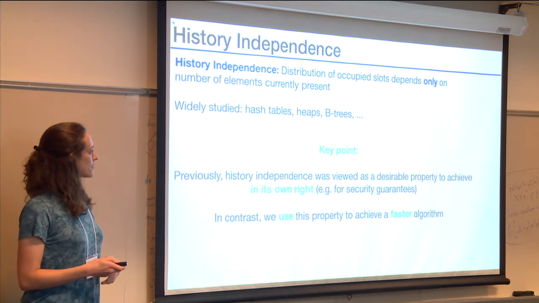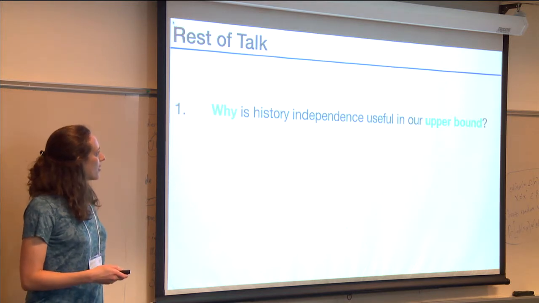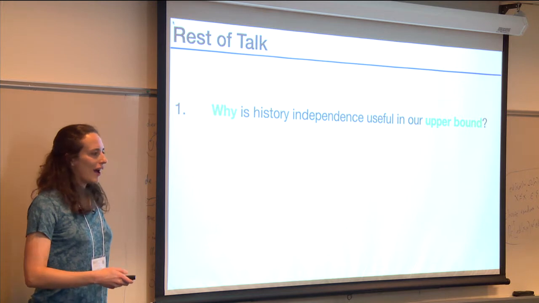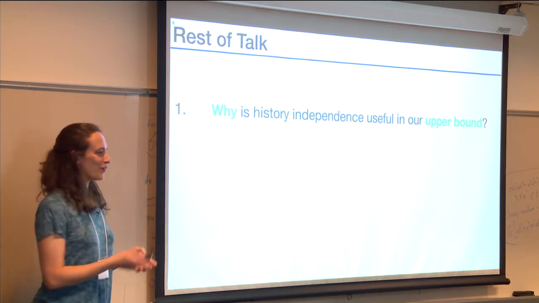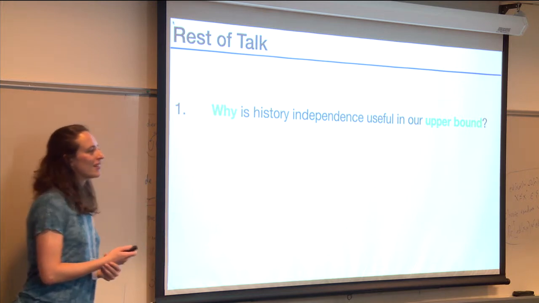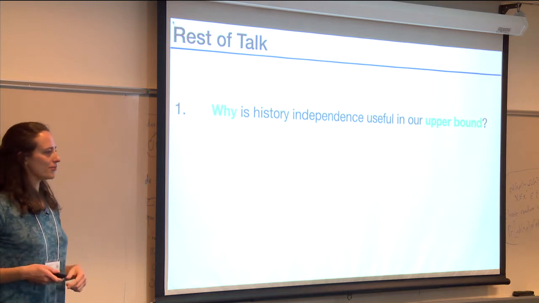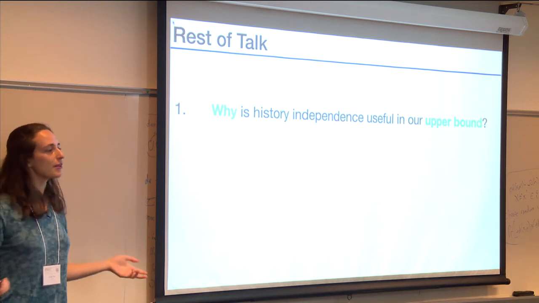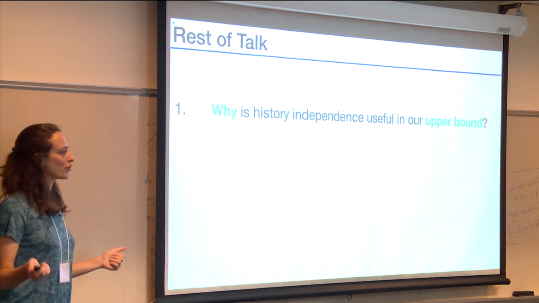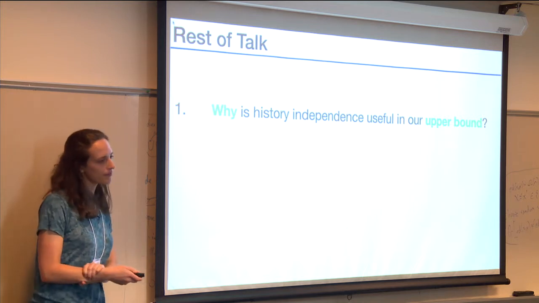Okay, so now I'll say what the two things are that I'm going to focus on for the rest of the time. The first thing is I want to give you some intuition for why history independence is actually useful for getting a faster algorithm.